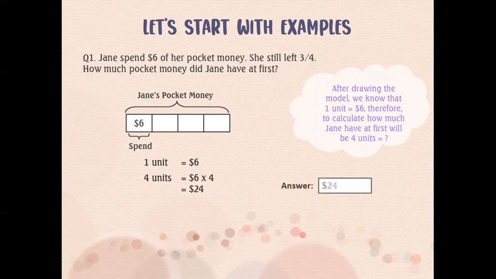So the answer is Jane had $24 at first. Is that very simple? Drawing the model helps you visualize better, and you can calculate much more easily.